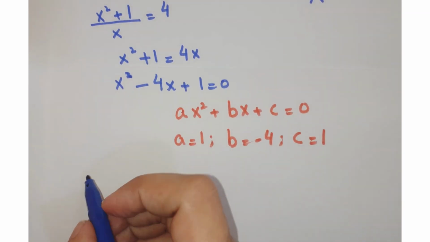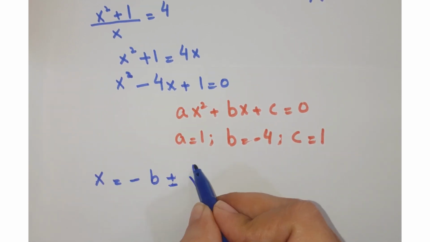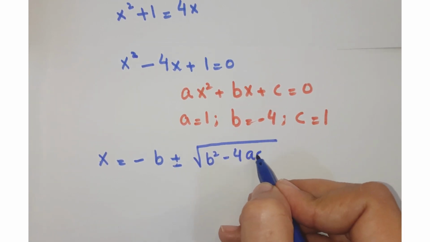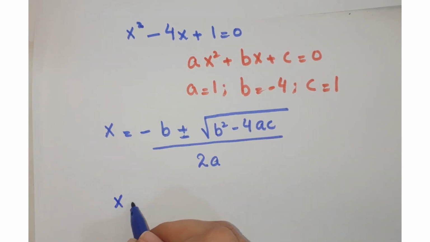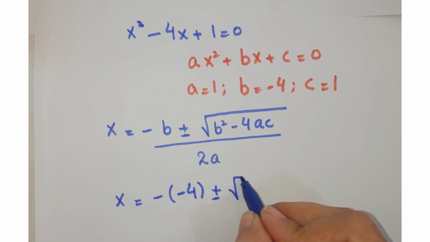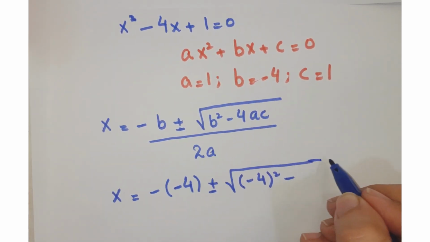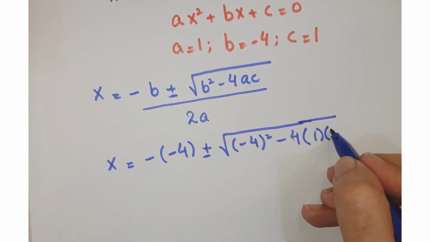Now applying the quadratic formula, x is equal to minus b plus minus under root b square minus 4ac, upon 2a. Now putting the values, b is minus 4, a is 1, c is 1.